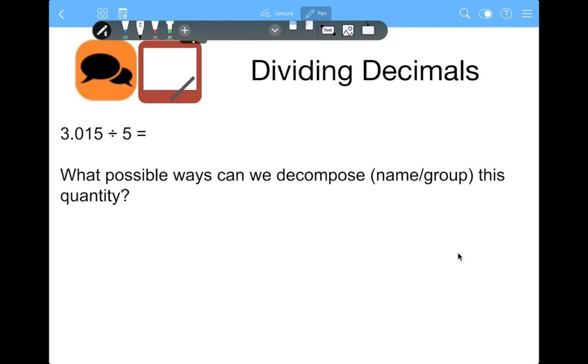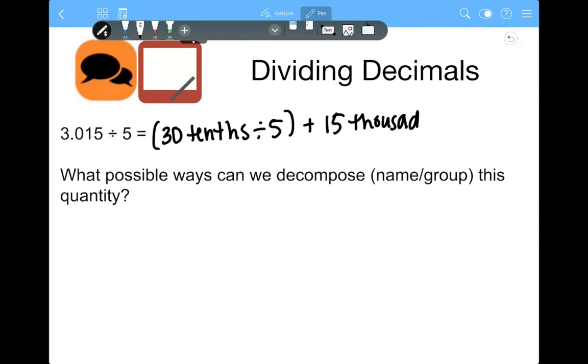I can break those down and then put them back together here. So it's going to be 30 tenths divided by 5 plus 15 thousandths divided by 5. And then we'll add those together and we'll get our answer here.